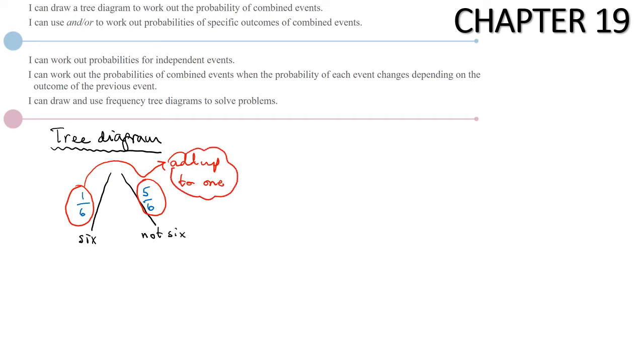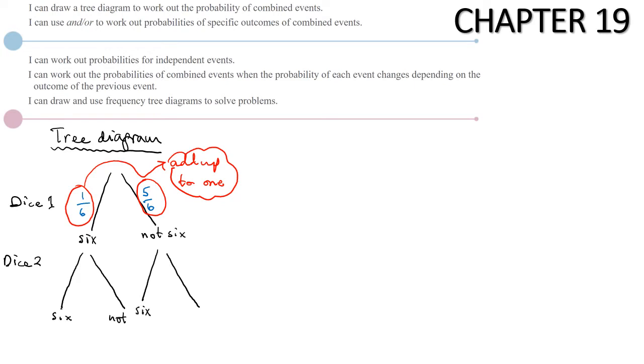Okay, so let's say that I roll 2 dice, and the first bit of this tree diagram is going to represent dice number 1, and the second one's going to represent dice number 2 down here. And let's say again I'm looking at the probability of getting a 6 or not getting a 6.